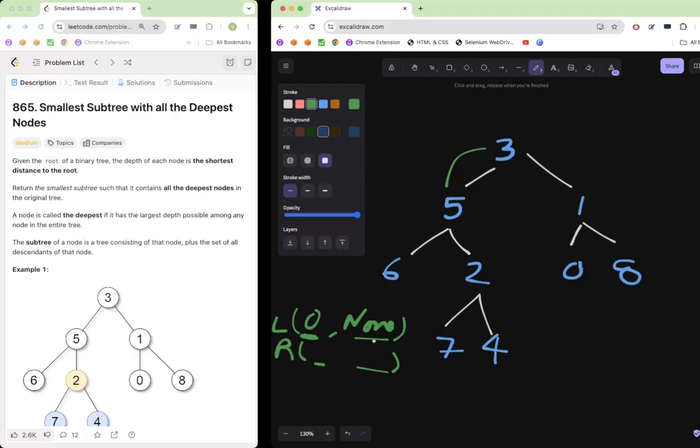Now, assume that these end up being the same. If both heights are the same, then instead of returning either of the nodes, we'll return the root from which these two are its children, which are not. Okay, so let's give that a go.